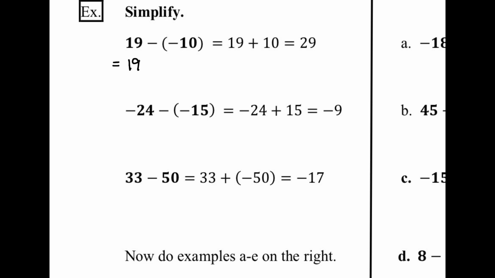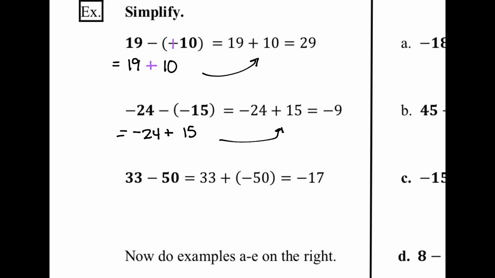For 19, we're going to change the subtract to add, change the 10 to positive, so I get 19 add 10. Boom. You don't even need to rewrite it. On this next one, if I were to rewrite it, I get negative 24, change it to add, change it to positive. That's what they got, right?